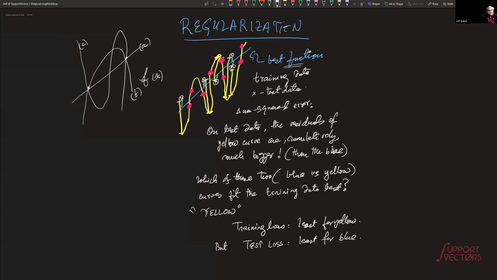It's very susceptible to noise. So this is called the problem of overfitting, because what you really wanted was the simpler model, the blue model, the blue curve, and therefore that model which gives you the least error on test data.